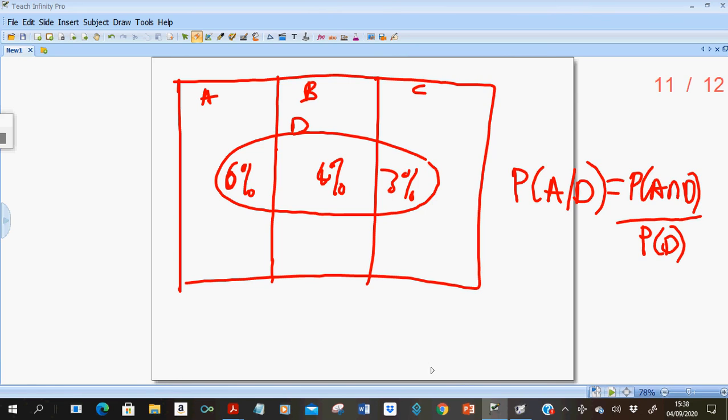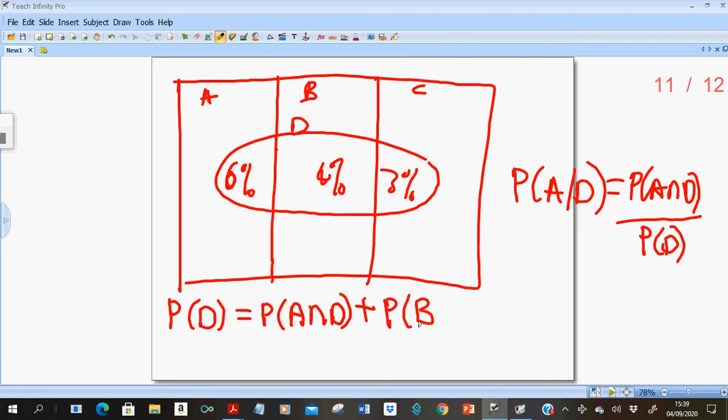So the probability that we have a defective is just that, the probability that a component is coming from machine A and defective, plus a component coming from machine B and defective, plus a component coming from C and defective.